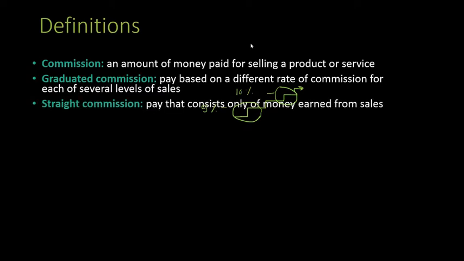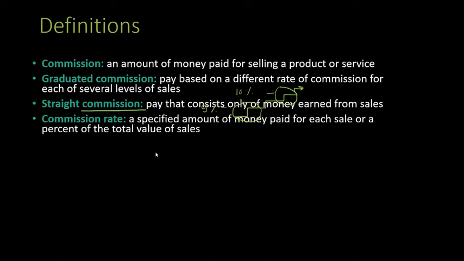Straight commission is commission pay where their paycheck is only coming from commission alone. You'll also see problems that discuss base pay, which is pay that they get no matter what, even if they don't make a single sale. And finally, commission rate, again, is that specified percentage, that specified amount of money paid for each sale.